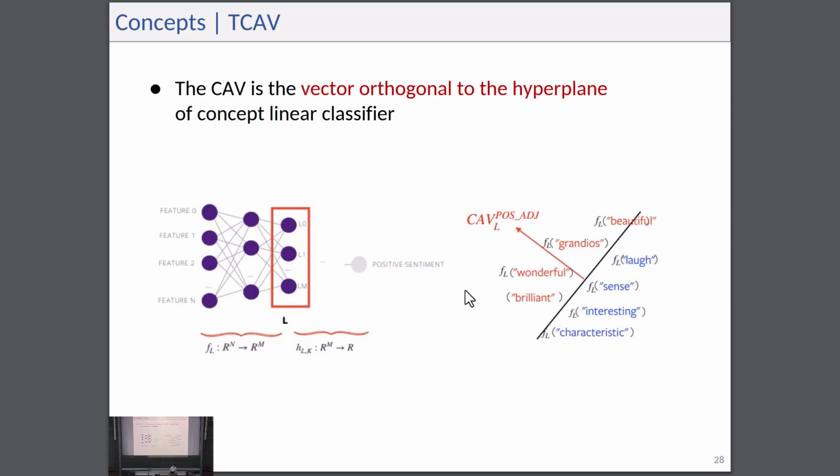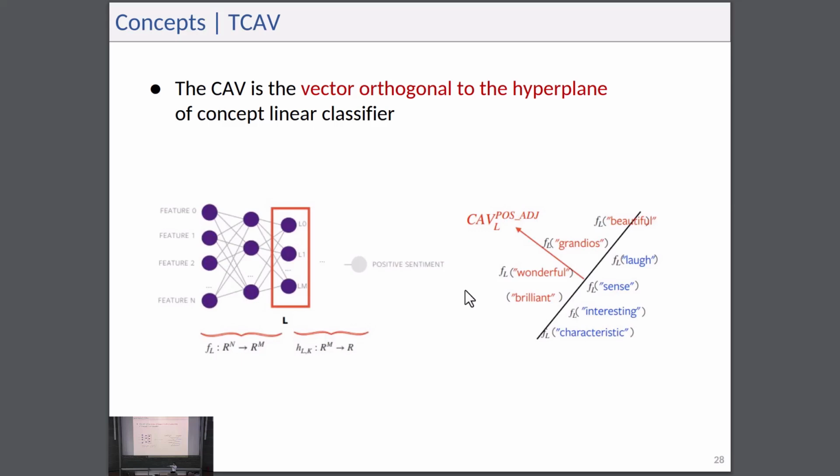And then I just take a linear classifier on them. So I just compute what's the linear classifier that would separate them in their representations. And I take the orthogonal vector to that hyperplane. And now this vector, which we call the concept activation vector, is basically the vector that defines the direction for belonging to a certain class.